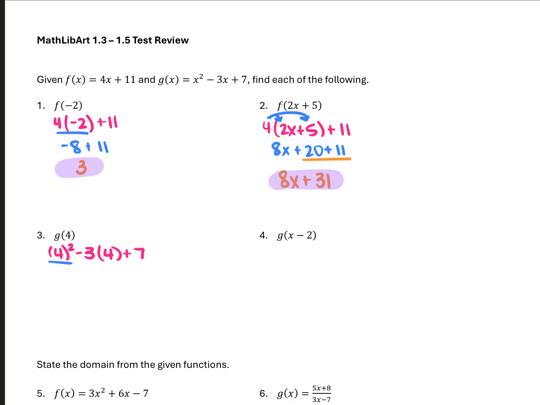You'll do the 4 squared first, which is 16. Minus 3 times 4 plus 7. Your negative 3 times 4 is negative 12. So that's 16 minus 12 plus 7. Your 16 minus 12 gives you 4. And 4 plus 7 is 11.